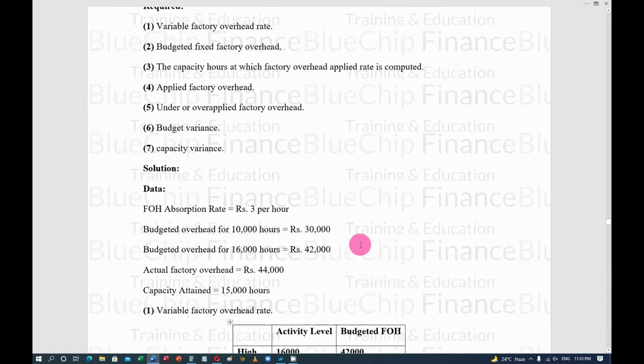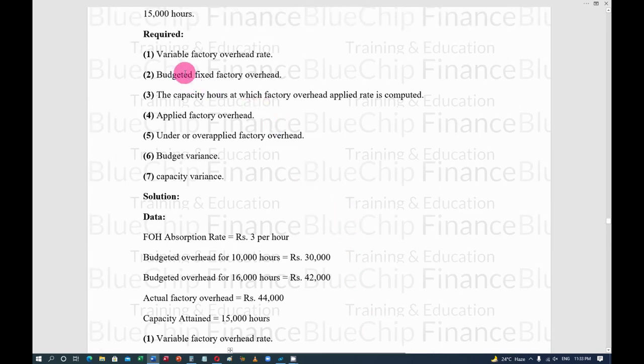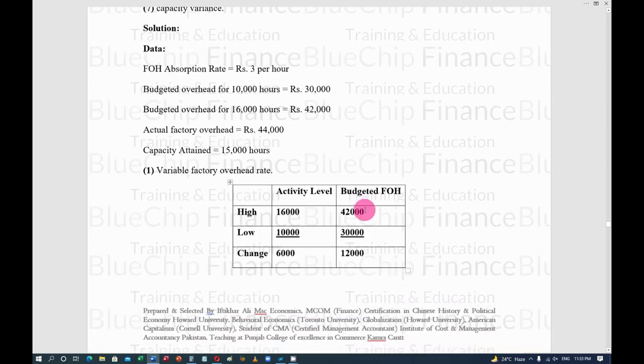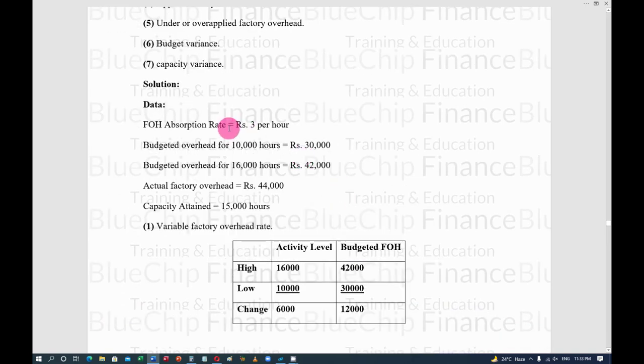So the second requirement is to calculate budgeted fixed factory overhead. Note that the applied FOH rate or absorption rate is 3, and you remember that the absorption rate or applied rate is always equal to fixed rate plus variable rate.